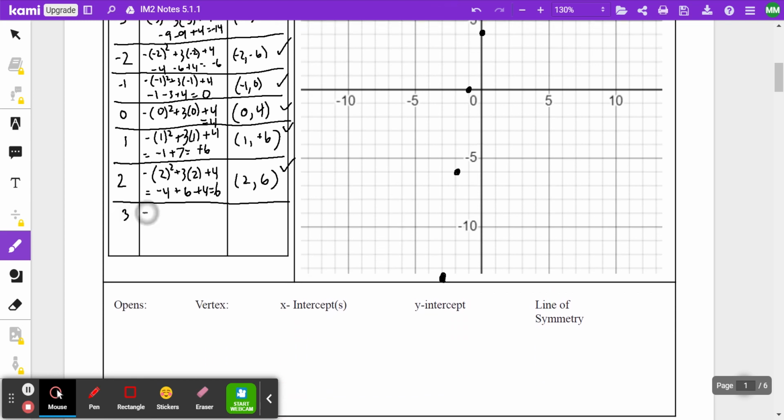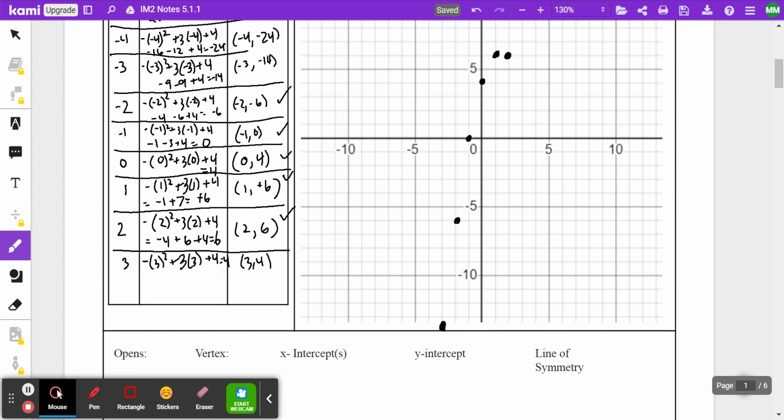At 3, I'm at negative of 3 squared plus 3 times 3 plus 4, which is negative 9 plus 9 plus 4. That's just 4. 3, 4. Oh, isn't that cool? I'm noticing that these two numbers have repeated, but in opposite direction. I wonder if that'll keep happening. Let's look at number 4.